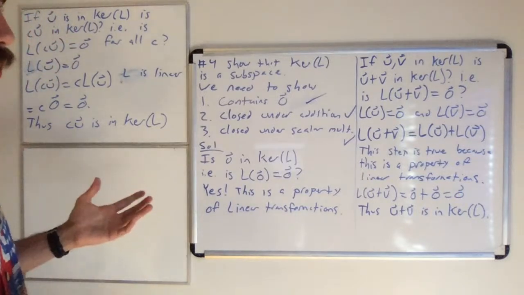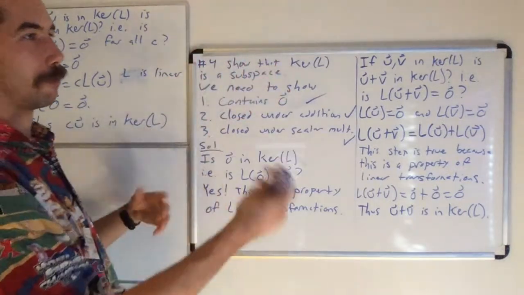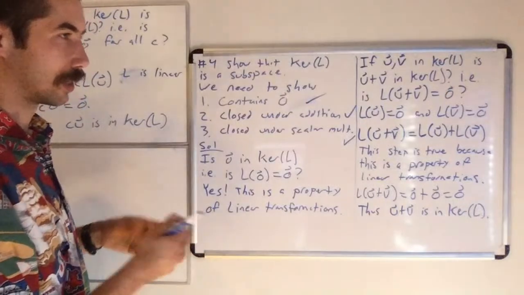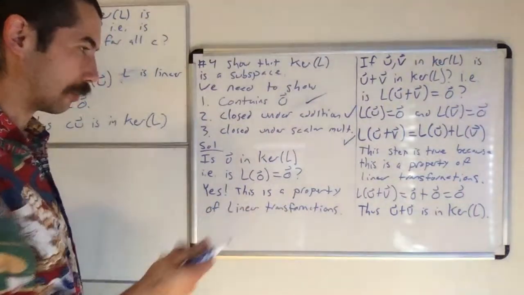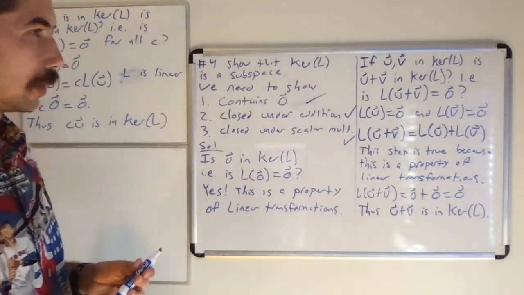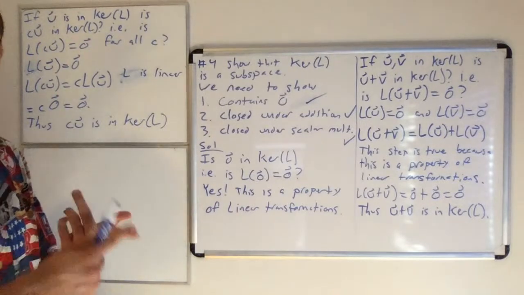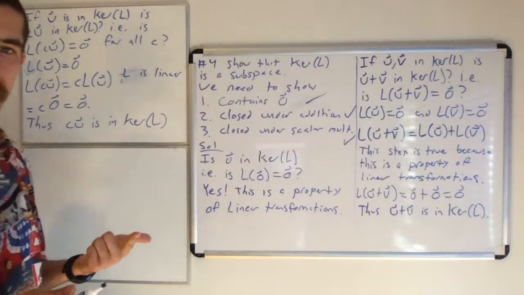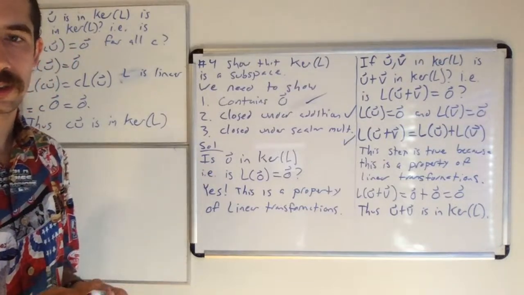We have other ways to show something's a subspace. Now that we know that the kernel is a subspace, if we show that something is the kernel of some map, then that automatically tells us it's a subspace. Similarly, if we show it's the span of some vectors, that was another easy way to check if something's a subspace.